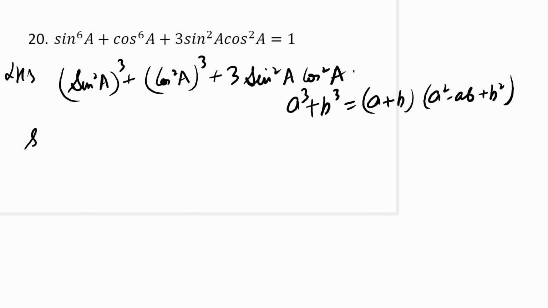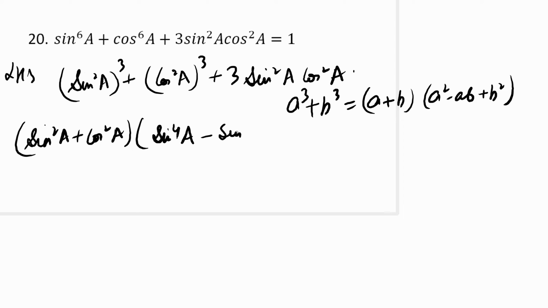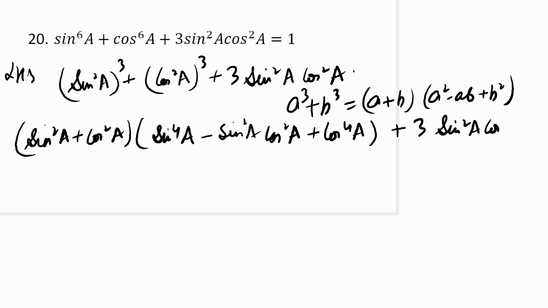So we'll write it as sin square a plus cos square a upon sin 4a minus sin square a cos square a plus cos 4a, and in the end plus 3 sin square a cos square a.